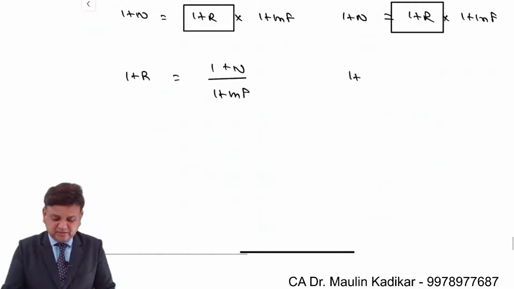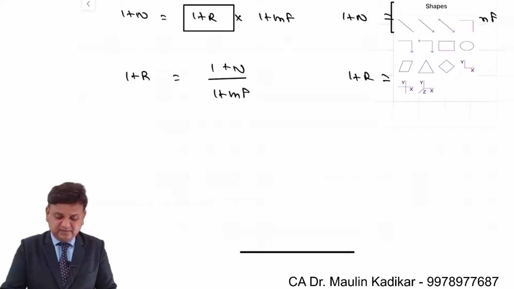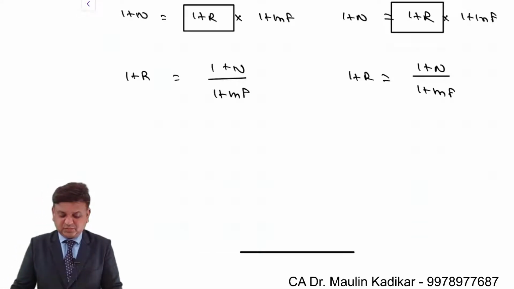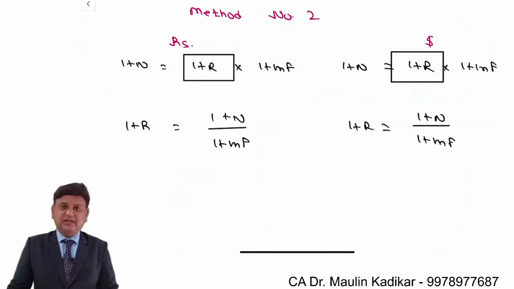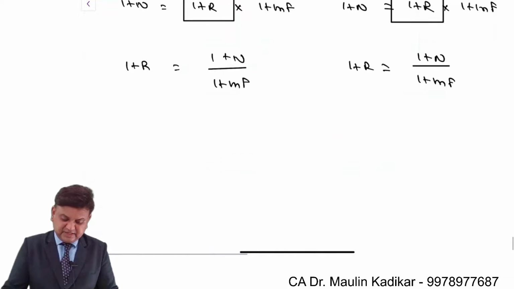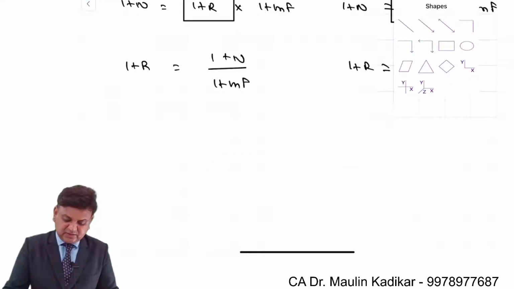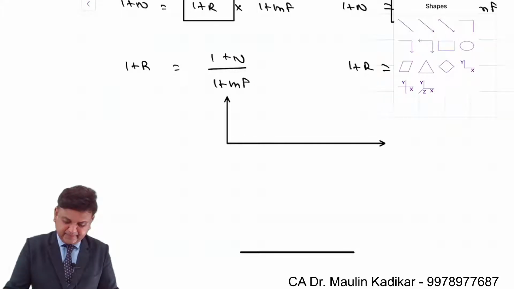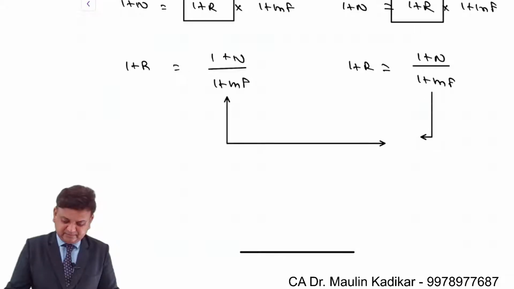Similarly over here, 1 plus R is equal to 1 plus N upon 1 plus inflation. The real rate of interest everywhere in the world is the same. So can we say that this value is equal to this value? That is what we can say.